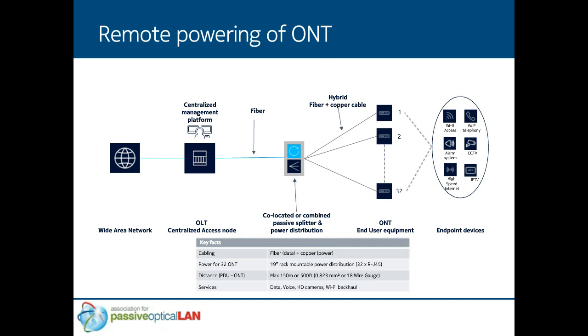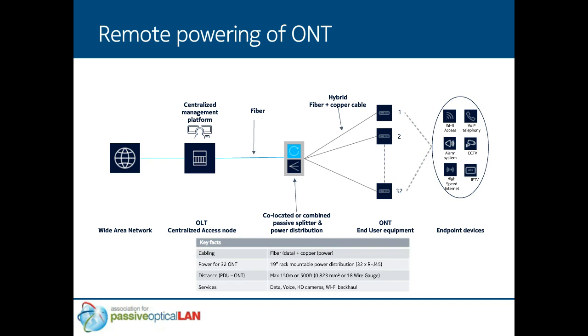In this case, the POL network configuration differs from the ones on the previous slides because we are introducing a new element, and because of that the passive infrastructure is no longer purely passive. Between the power distribution and the ONTs, the cabling is a combination of fiber for the data and copper for the power.